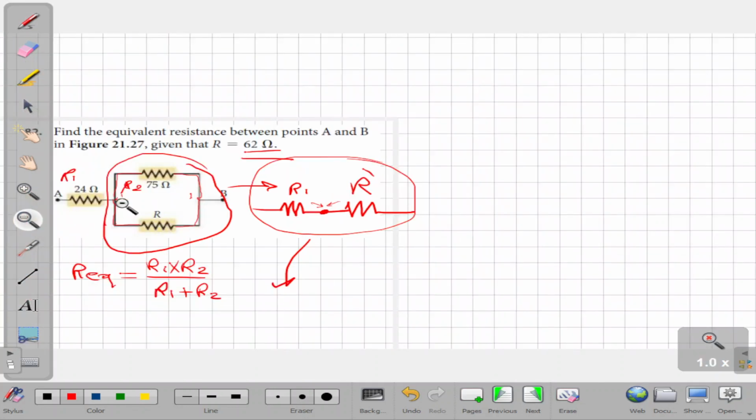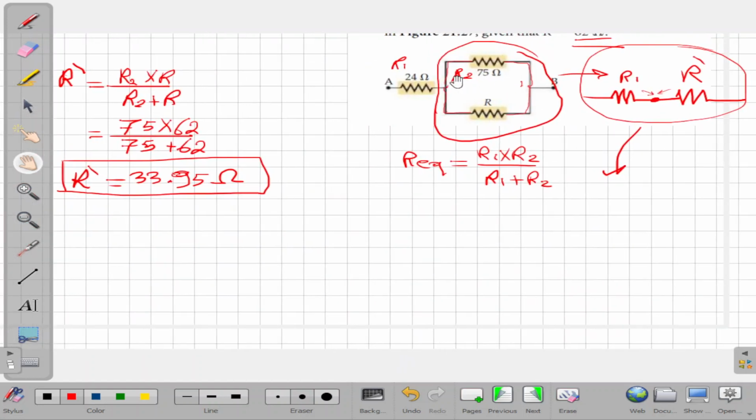Whenever we have two resistors or more in series, we apply the following formula in order to find the equivalent resistance of these resistors. R equivalent in general is equal to R1 plus R2. Since R2 is R prime, we're going to replace R2 by R prime.